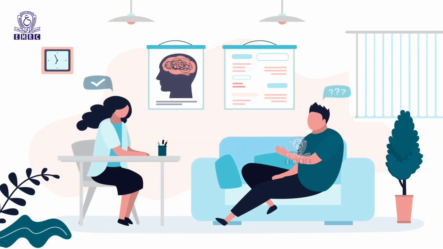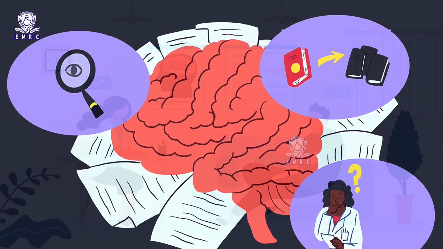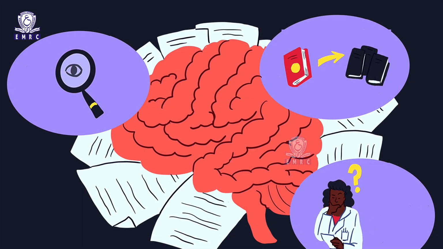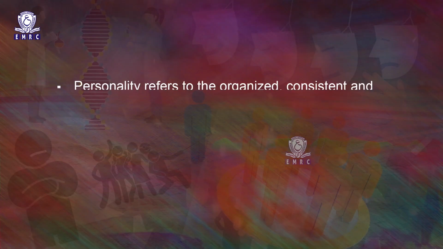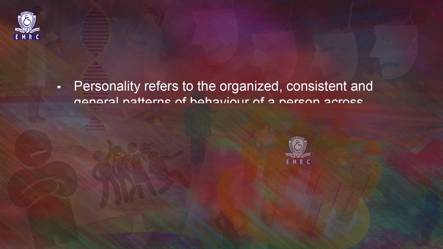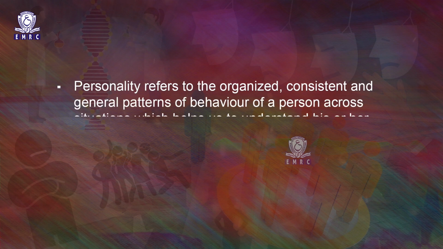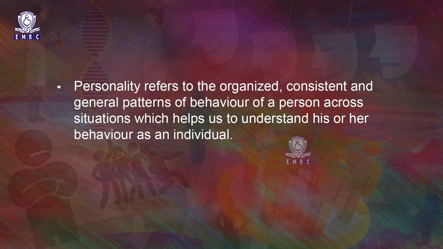Let us understand the definitions given by various psychologists for a better understanding, as personality is a continuous process of observation and analysis. Personality refers to the organized, consistent and general patterns of behavior of a person across situations, which helps us to understand his or her behavior as an individual.